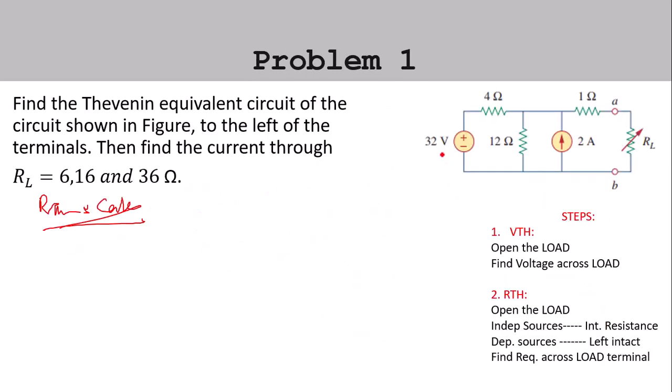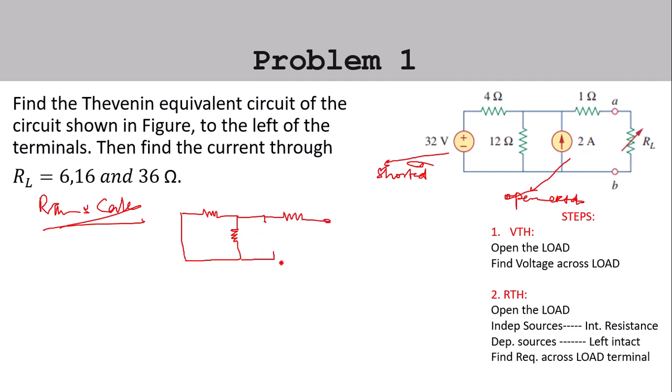So we are having a voltage source, so voltage source has to be shorted in this case if we are finding RTH, and we are having a current source also, it must be open circuited while finding the RTH value. Okay, so equivalent circuit would be something like this. So this has to be open circuited current source, then we are having this one.